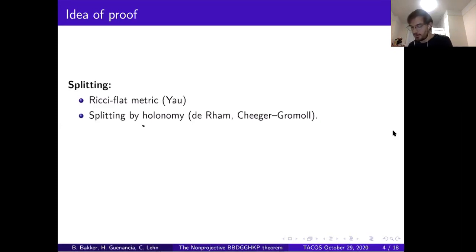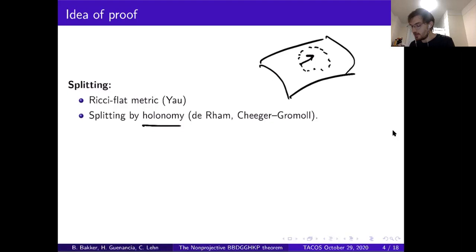Okay, so if you're not familiar with what holonomy means, basically, if I have a Riemannian manifold and I start at a point and I take a tangent vector, then for any path, I can sort of parallel translate that vector around, and maybe I end up with some other vector.